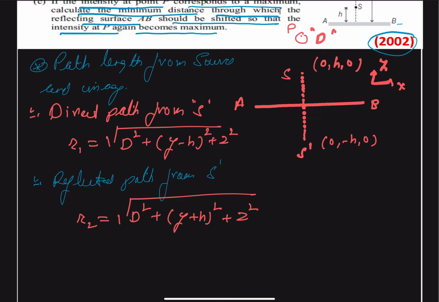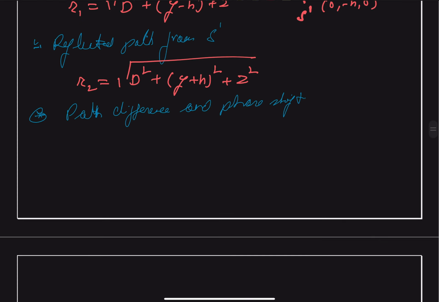Now we can easily find out the path difference and phase shift. So path difference delta will be equal to R2 minus R1.